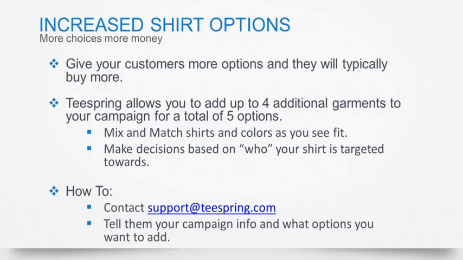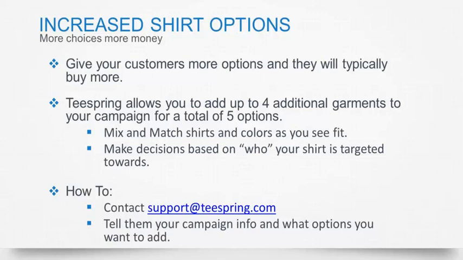Teespring now allows you to add up to 4 additional garments to your campaign for a total of 5 options. You can mix and match any way you want, shirts and colors. You could have 4 t-shirts and 1 sweatshirt, or 1 t-shirt, 1 sweatshirt, 1 v-neck, 1 ladies v-neck, 1 tank top, whatever combination. Or you could just have 5 t-shirts in 5 different colors.